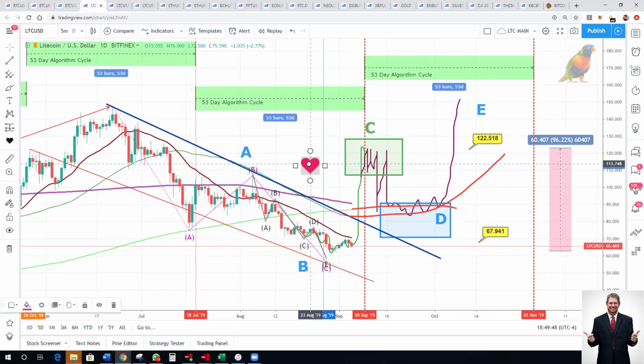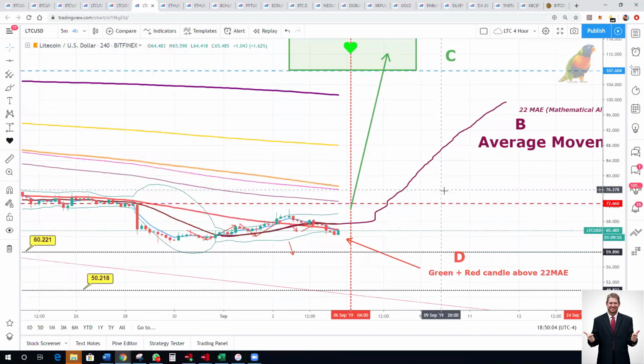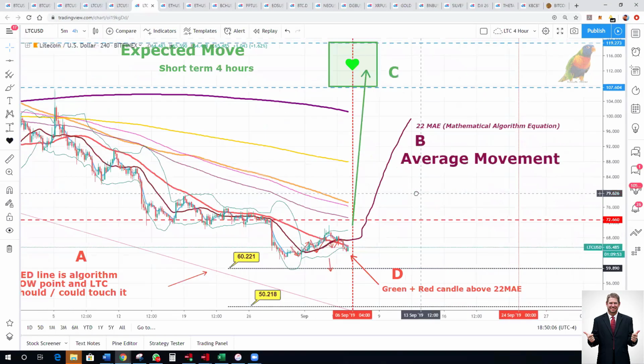And then guys, if this is formed, then I can assure you the 1,000% move in Litecoin is going to happen. So we're anxiously waiting for this move upwards here. Let's get into Litecoin quickly on the 4-hour chart, and I'm going to show you what we see here.